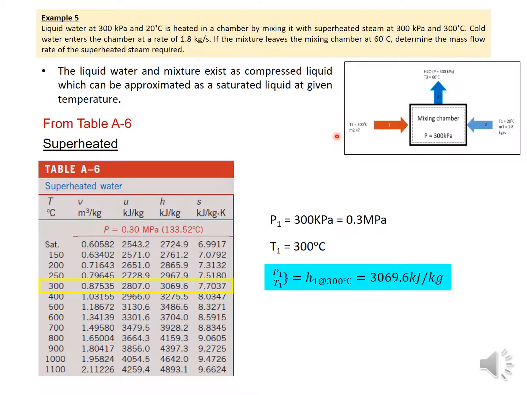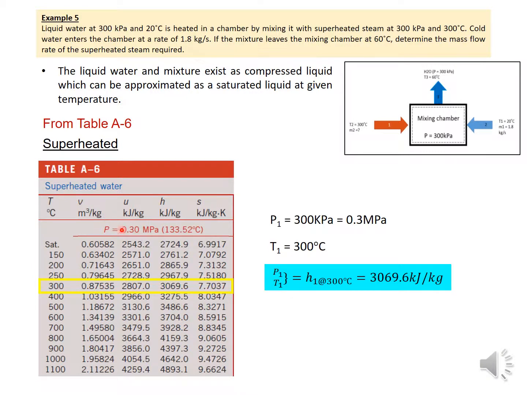Given that at point 1, the superheated steam, the T given equals 300 degrees Celsius, and the P given is 300 kilopascal. Now, we are going to refer to table A6, which is the table of superheated water.